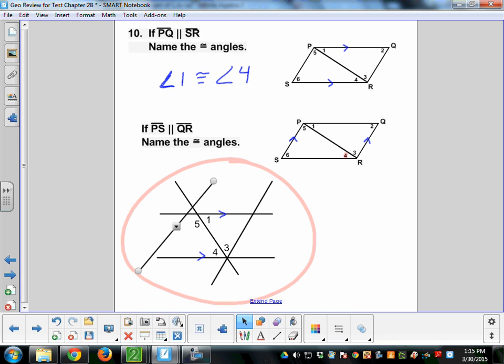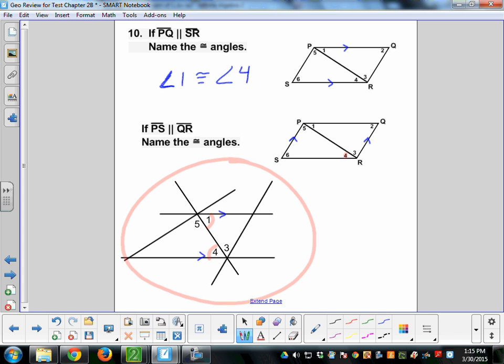So if this was actually like this, you notice that angle 5 would be a lot different than 3. 5 and 3 are not guaranteed to be equal anymore. So the only ones that we know that are equal are 1 and 4.